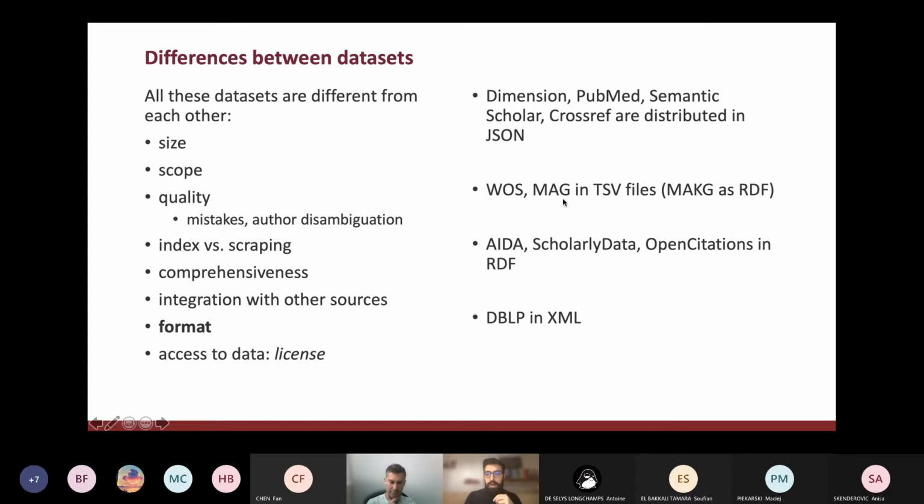Web of Science and MAG are distributing tab separated values. MAG Knowledge Graph, which is the semantic web version of MAG, is in RDF, of course. Then there is AIDA, Scholarly Data, Open Citations, which are in RDF, and DBLP is in XML.